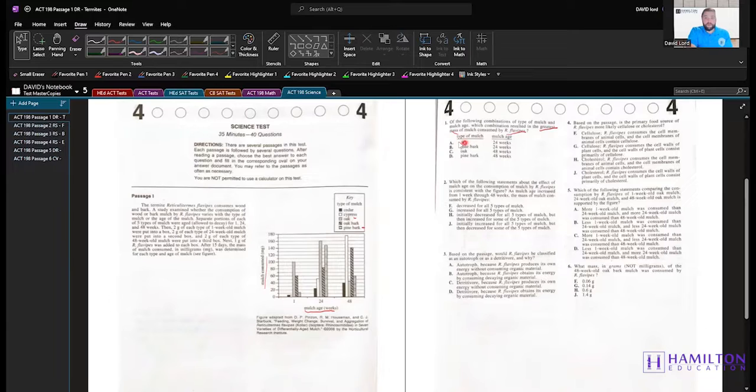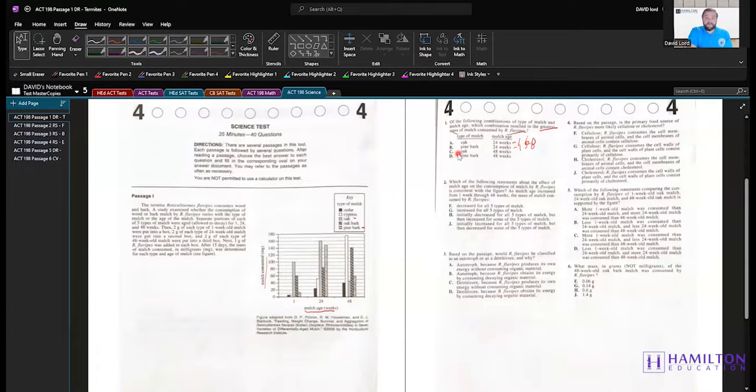So if I look at oak at 24 weeks, that is going to be the gray one, 24 weeks. It looks like it's 160. If I look at pine bark at 24 weeks, that is less than 160, so that's probably not our answer. But I think it's about 150.